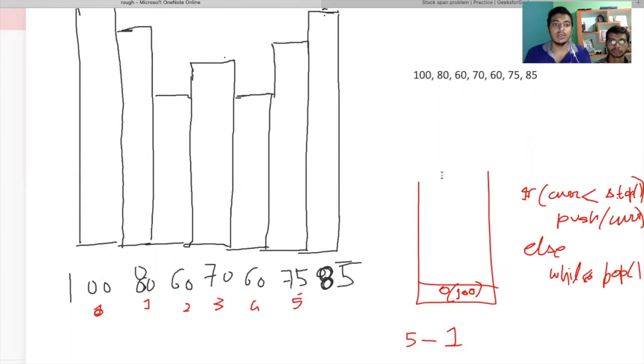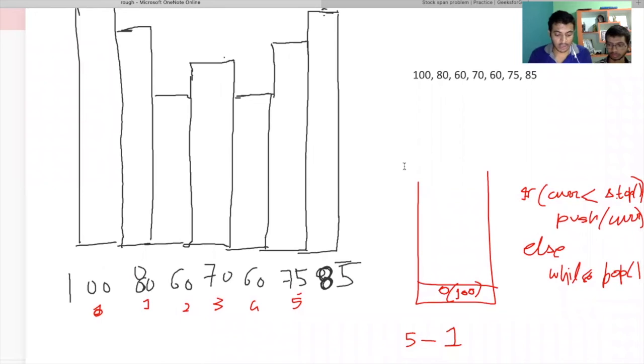So what will be the case in which the stack will be empty? For example, when after 100 we see only greater numbers, like 110.